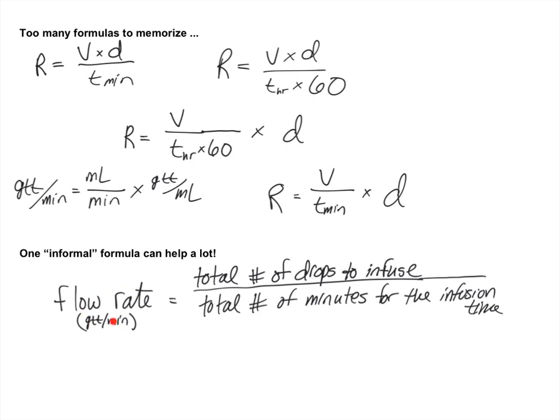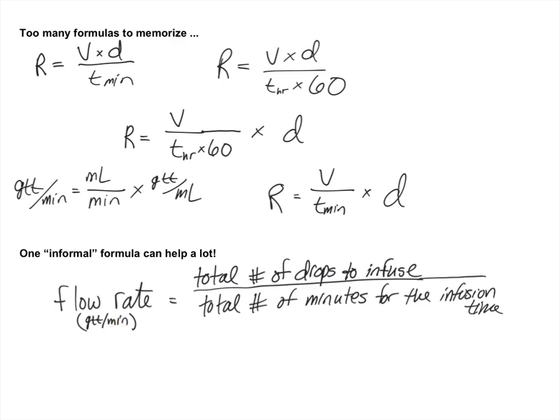A flow rate, when we see the word rate, we often think about a measure over time. So when we think about miles per hour, that is a rate. We think about a flow rate in milliliters per hour, or pounds per second is another one. There's lots of rates that we see on a daily basis. With a manual gravity set, what we need to think about are drops over minutes.